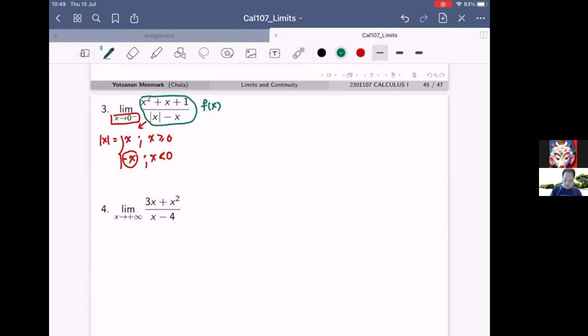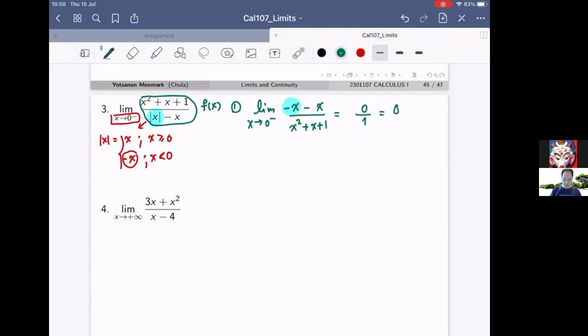The first thing that we need to check is that the limit as your x goes to 0 on the left of this one will be negative, right, over x squared plus x plus 1. So this one, we already determined that the absolute value of x is negative x. So it will go to what? 0 over 1, which is 0.